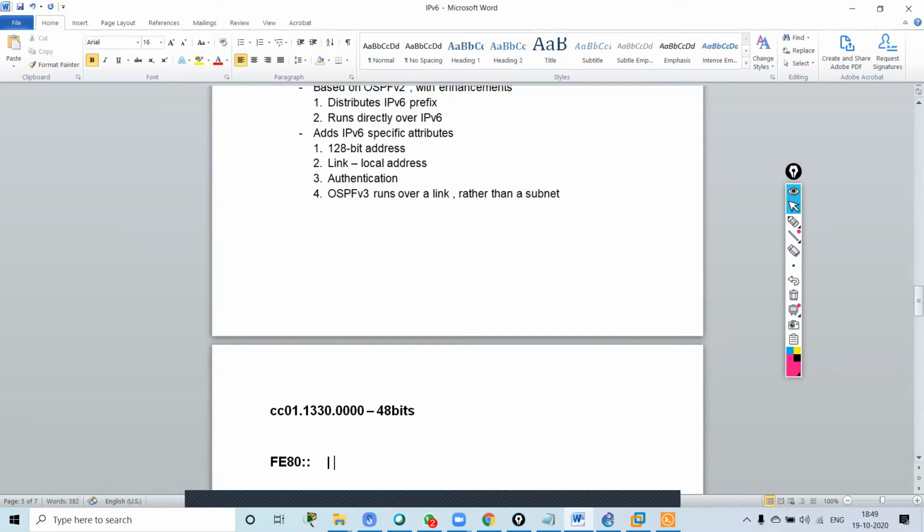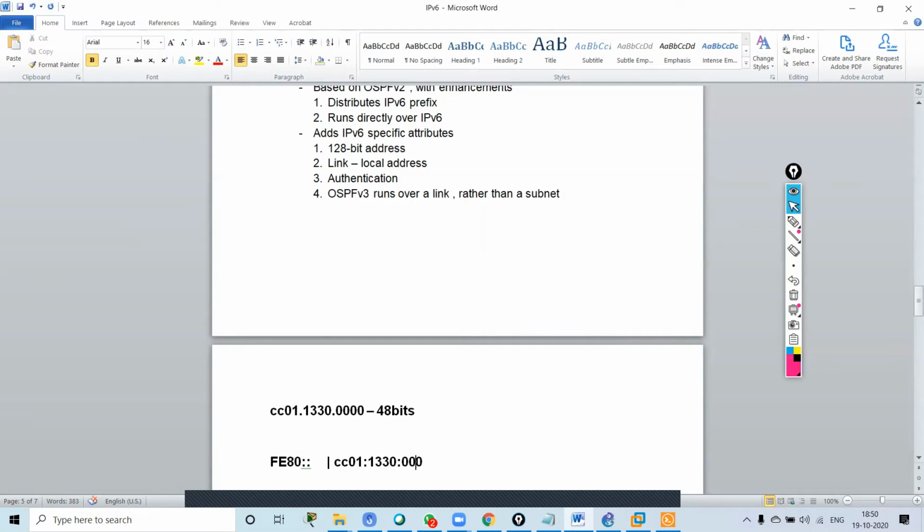Then the next 64 bits will be built from your MAC address CC01 colon 1330 colon 000. Now this is 48 bits. How can we make it 64?